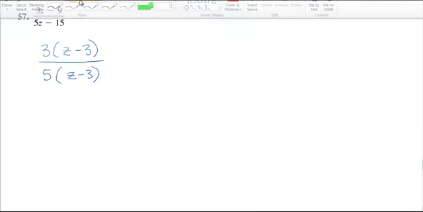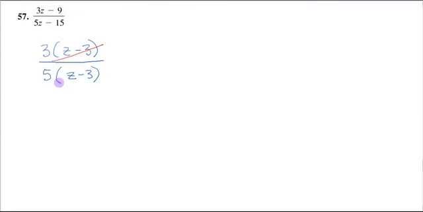Now it's really easy to see that common factor of z minus 3. This simplifies as 3/5. But you cannot cancel by canceling those z's. You can only cancel things that are being multiplied. This is 3 times all of that and 5 times all of that. So we're going to cancel those factors.